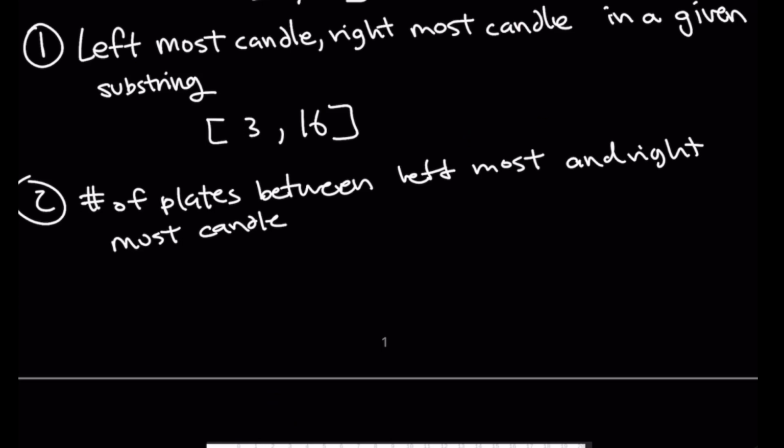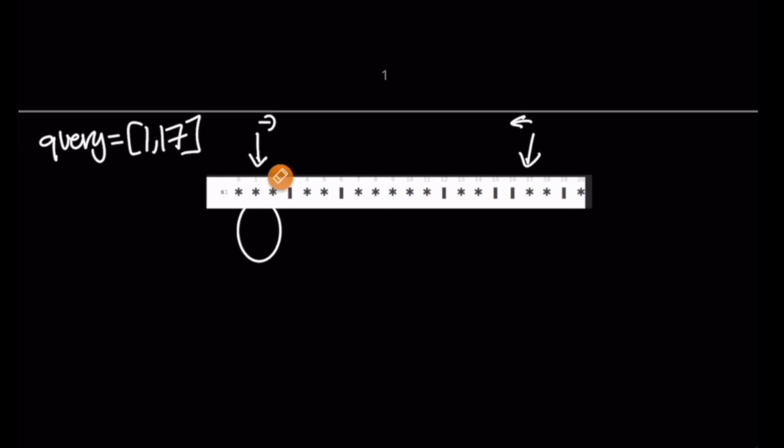Now, let's look at the first process of finding the leftmost candle and the rightmost candle. With the given query of 1 and 17, the most naive way of figuring out which candle to decide as the leftmost candle and the rightmost candle, we give an index at the left and the right, and we just increment for the left one and decrement for the right one by one until we reach a candle, right?